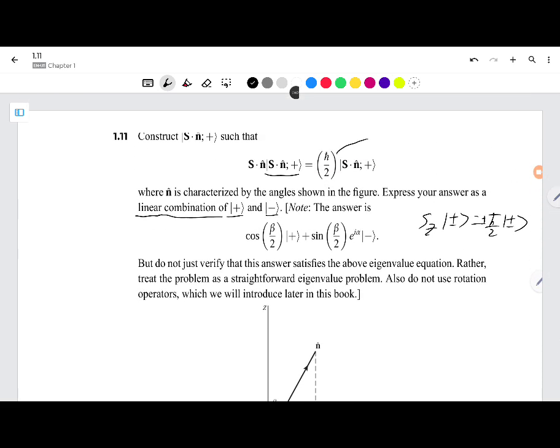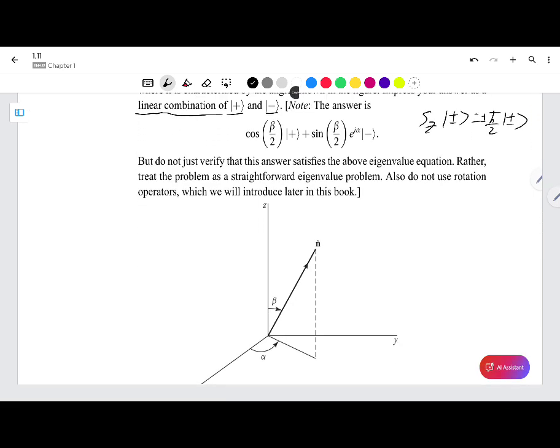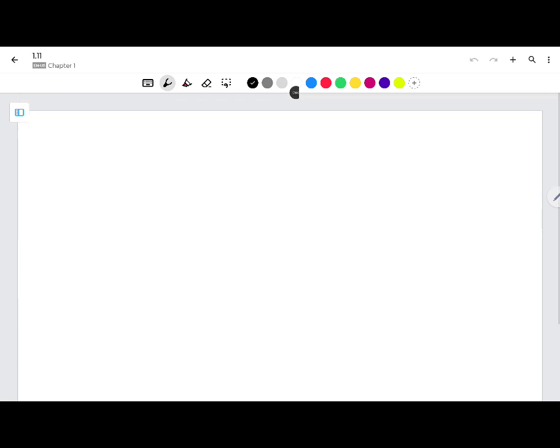This spin operator S is related to the Pauli matrices, and this n we can represent in spherical polar coordinates, as we can see from the picture. So let us first write n.